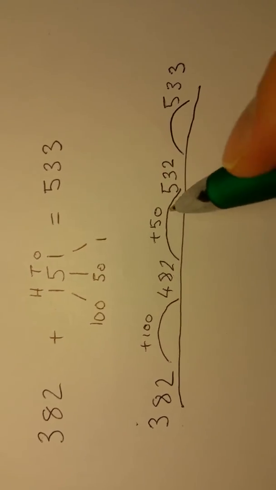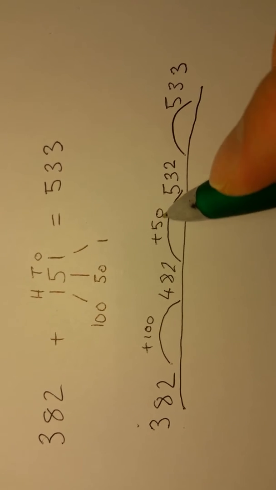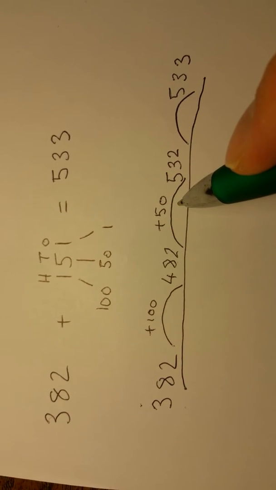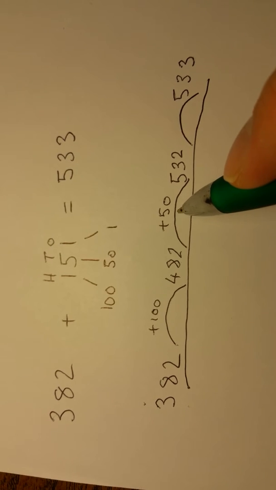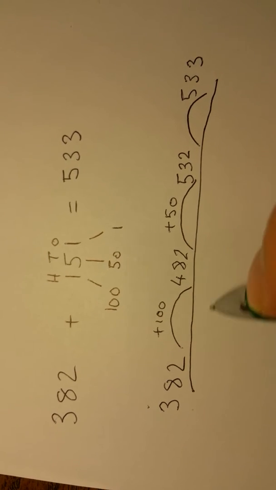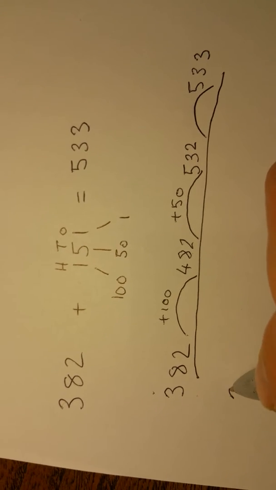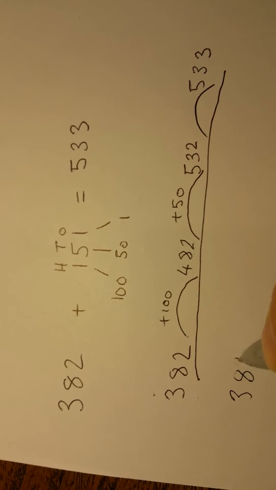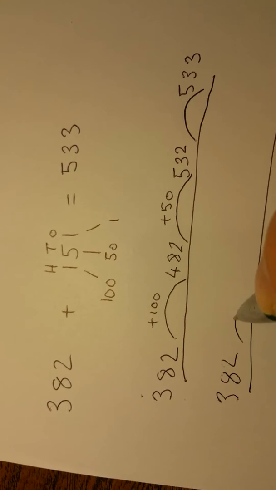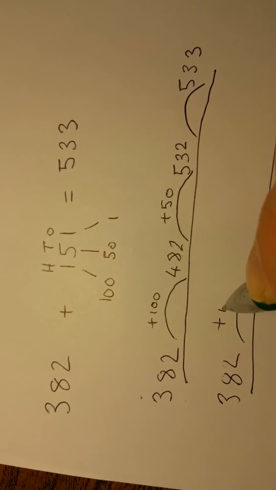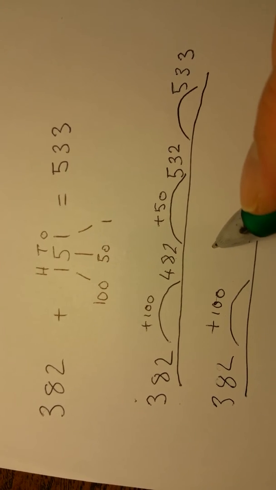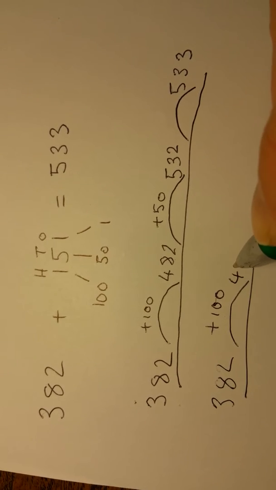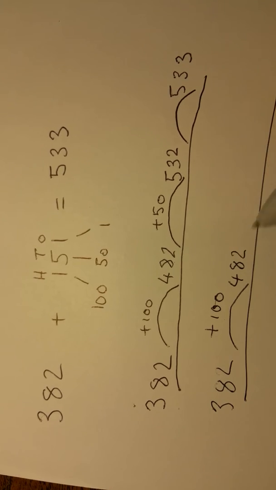There is something that I do which makes it a bit easier on this plus 50 step, which is I can do it in 2 steps. I think about if we do it again, 382. The plussing 100 was pretty straightforward, and that got us to 482.